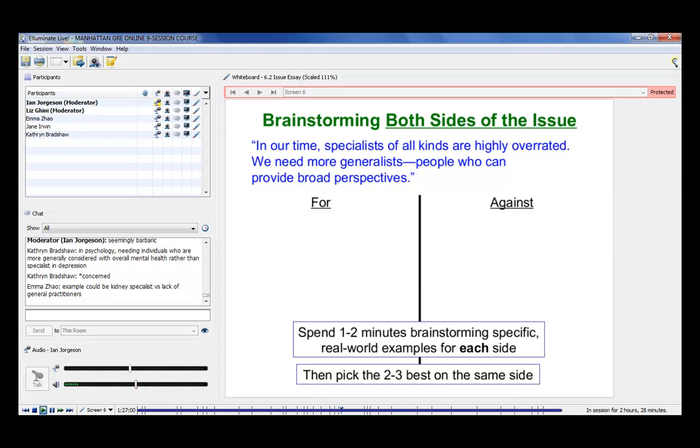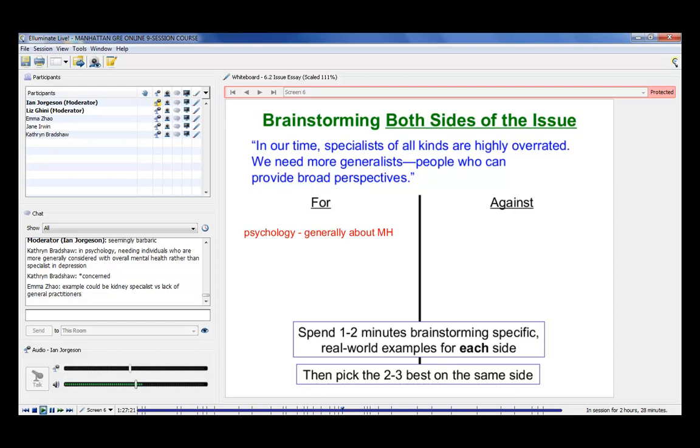Okay, and I like this because both Catherine and Emma have given me examples that are very specific. So psychology, right? You need someone that is generally about mental health, not just about one specific problem.